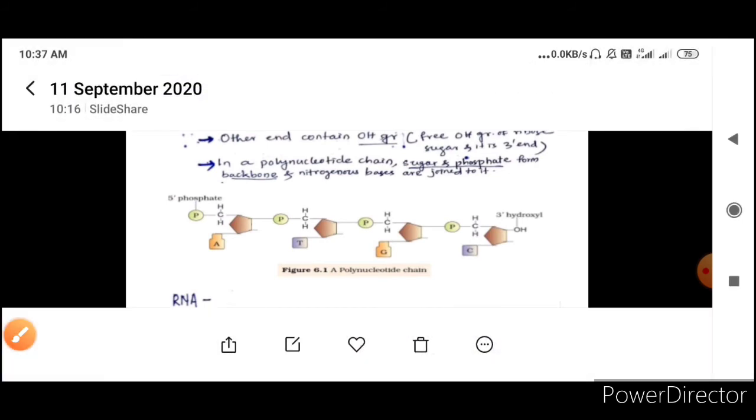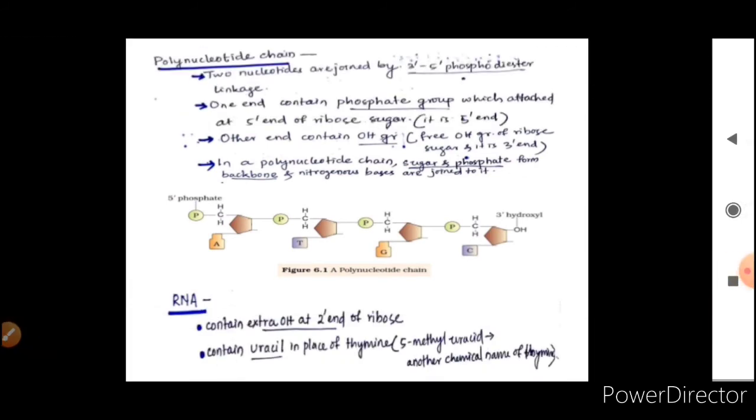Now when we talk about the polynucleotide chain, it is nothing but the attachment of various nucleotides to form a long chain. So 2 nucleotide chains are joined by the 3' and 5' phosphodiester linkage when we talk about the DNA.